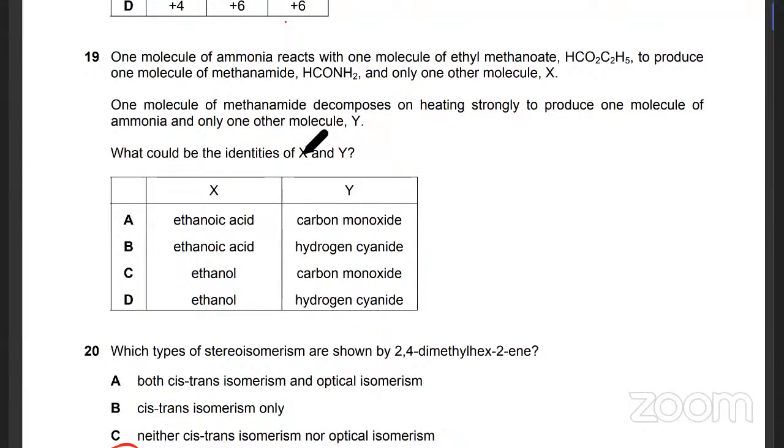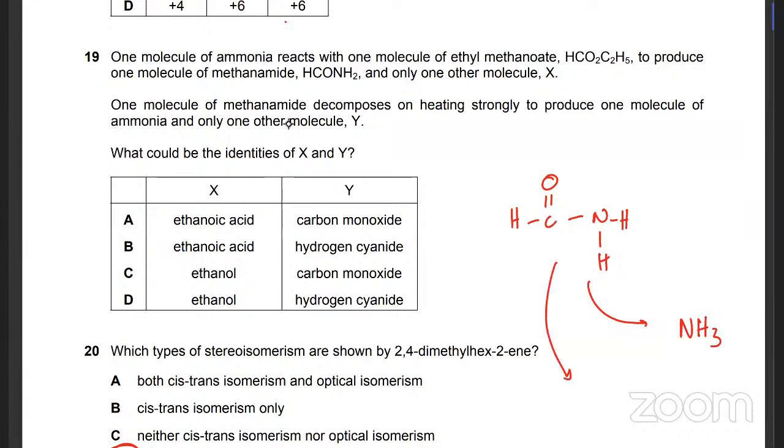So this is methanamide, that's HCO, carbonyl bond O and NH2. Now 1 molecule of methanamide decomposes on heating strongly to produce 1 molecule of ammonia.